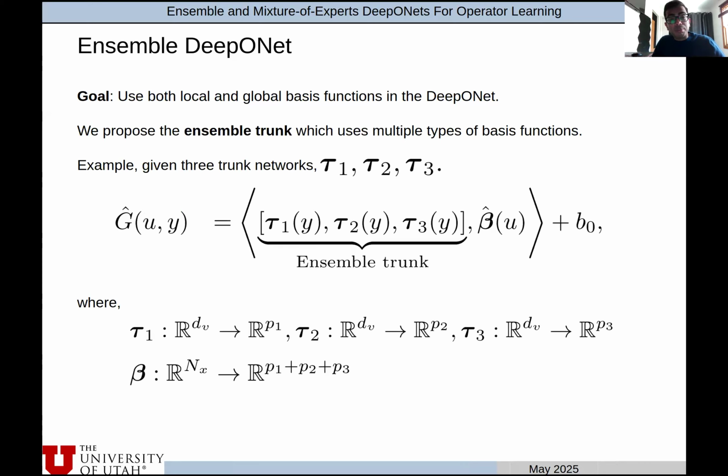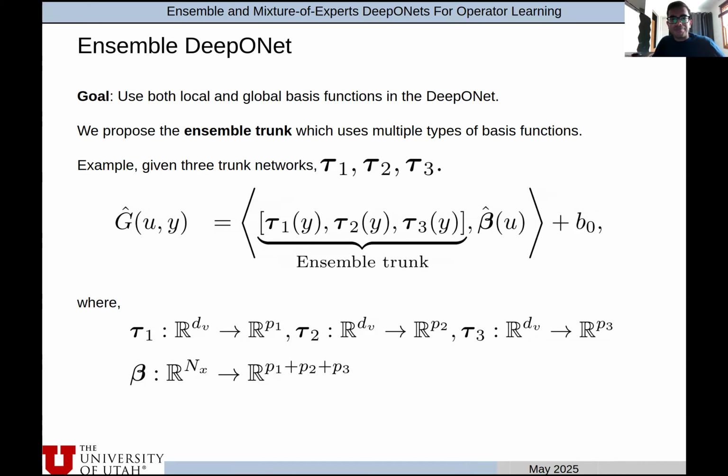We took a simple approach to creating such an ensemble. The key idea is that if one has a certain number of trunk networks, let's say 3 of them, the way to create an ensemble is to simply horizontally stack them to create a larger set of basis functions. The branch neural network, accordingly, just needs to create more coefficients as a function of the input functions. In terms of implementation, this is fairly straightforward.